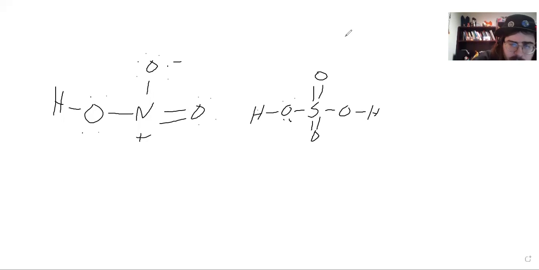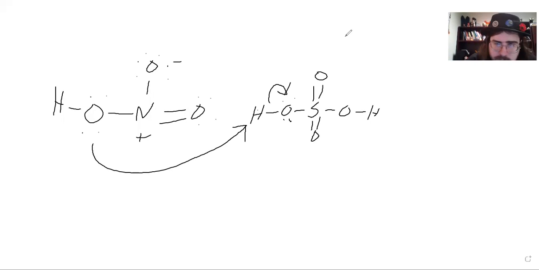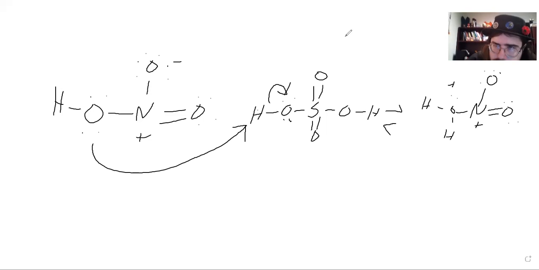I'm going to leave off the lone pairs from the rest of them, because otherwise it's going to take forever. So we swing that down, attacks here, forms an intermediate of protonated water. Now it's a very good leaving group, especially with two positive charges so darn close together.